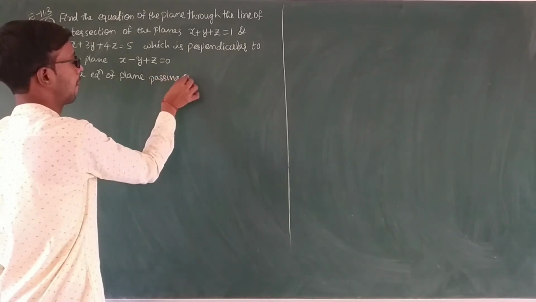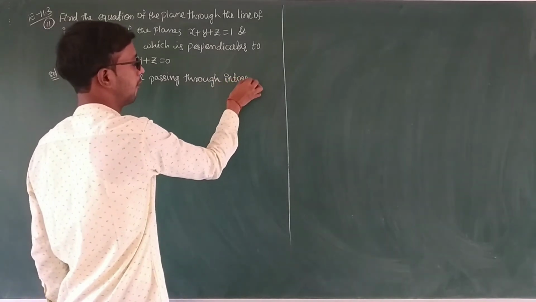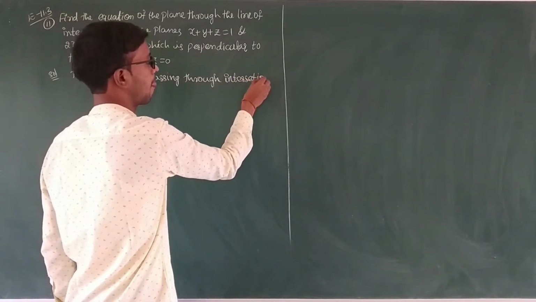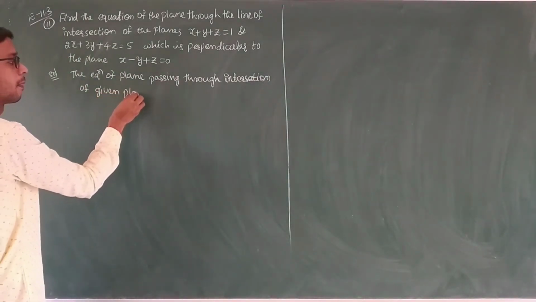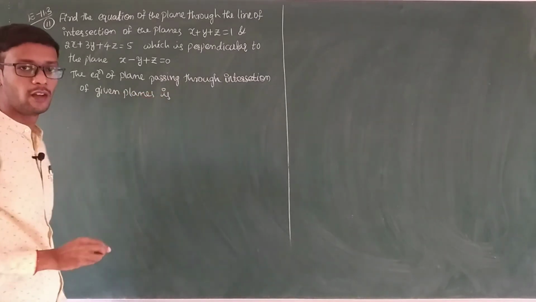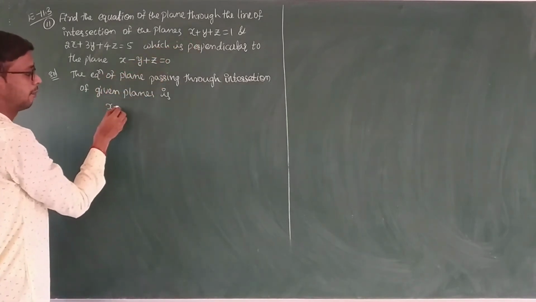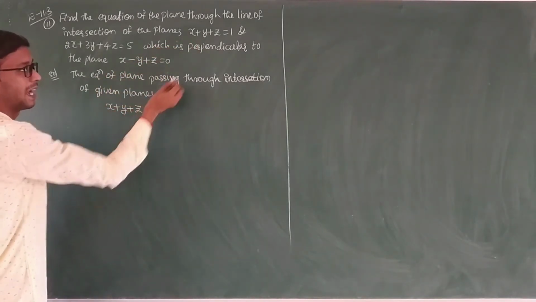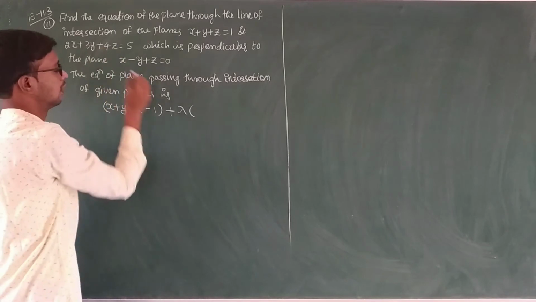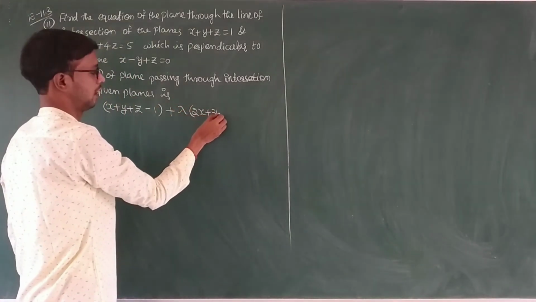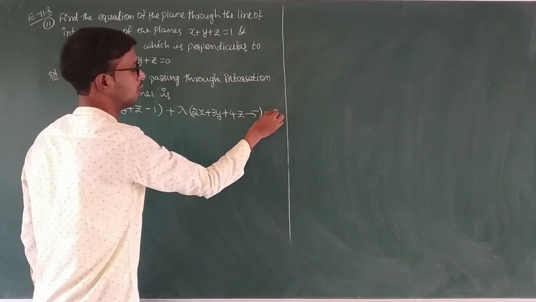passing through the intersection of the given two planes is, we have the formula directly. I am writing x plus y plus z minus 1 on the left side, plus lambda into the other plane 2x plus 3y plus 4z minus 5 is equal to 0.